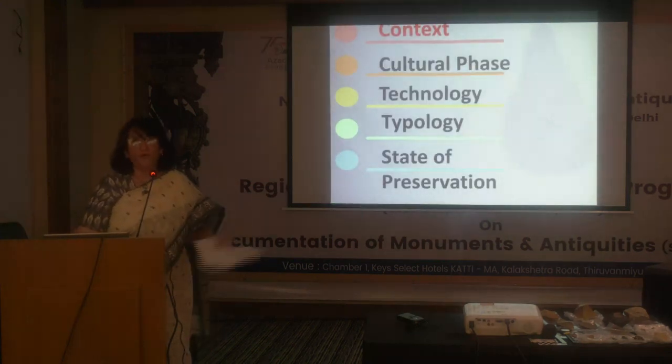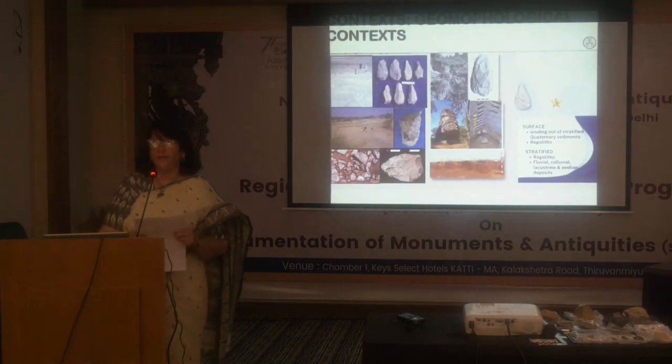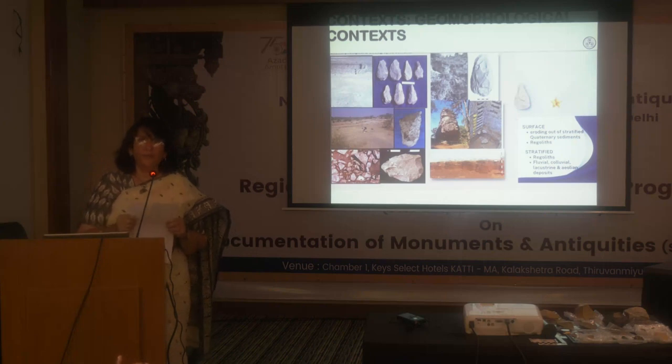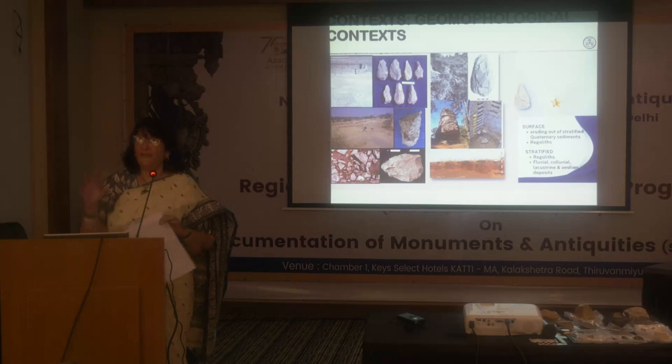Okay? So context. Now you have here provenance. Now when you are studying collections from excavated sites, this is not a very difficult issue. You have the lat long, whatever it may be. But when you are studying collections which are made, say, by amateurs, and this is largely from surface sites, then you have a major issue. Many of the museum collections will have a very rough provenance, say Madras region, especially those abroad.